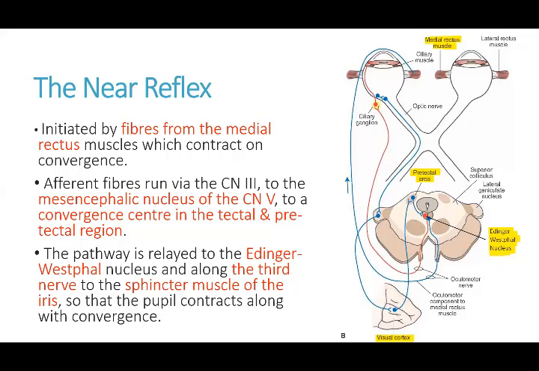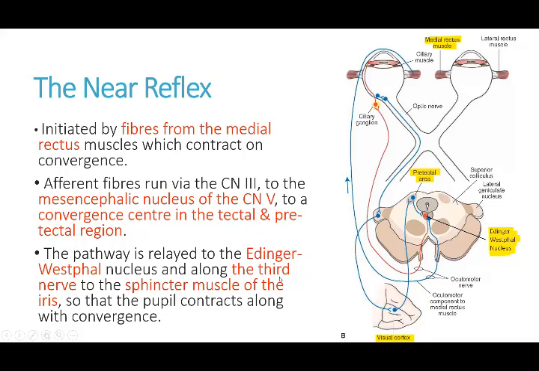Now, this is a bit complicated, but you can understand that the third nerve is acting as an afferent here instead of an efferent. Okay? Via the third nerve into the mesencephalic nucleus of the fifth nerve. And from the fifth nerve to the convergence center in the tectal and pretectal region.